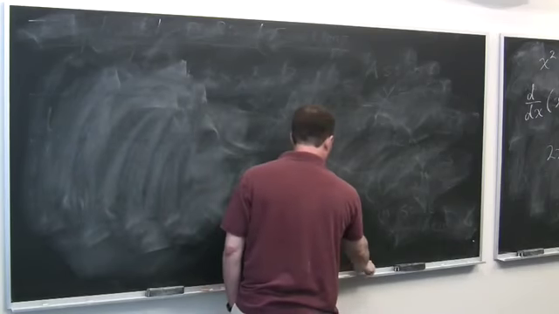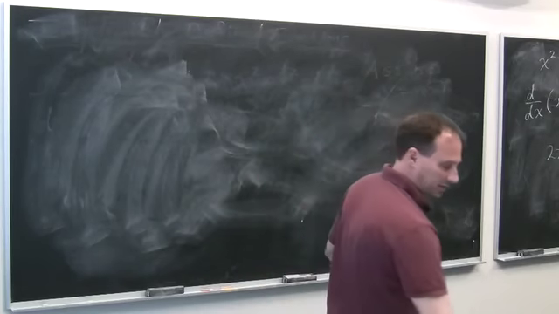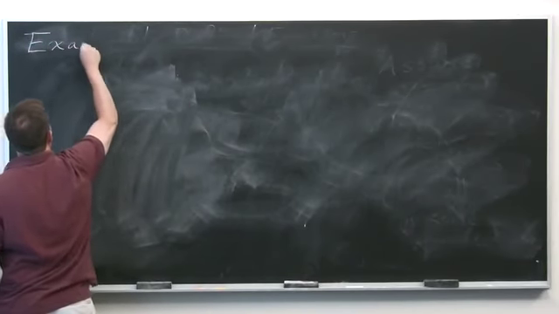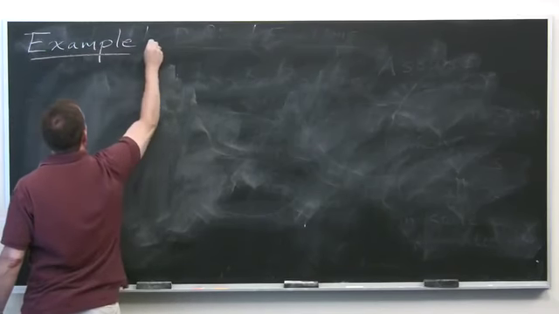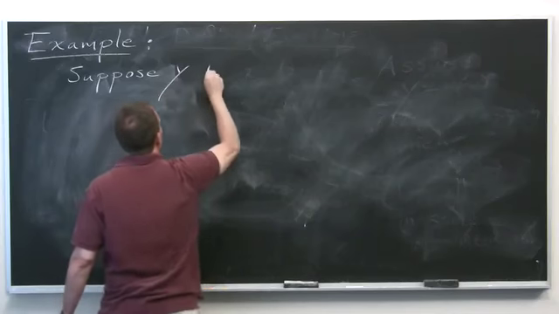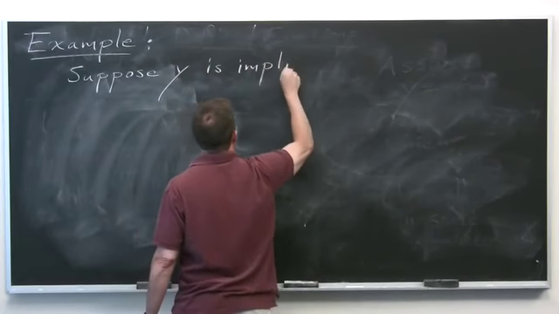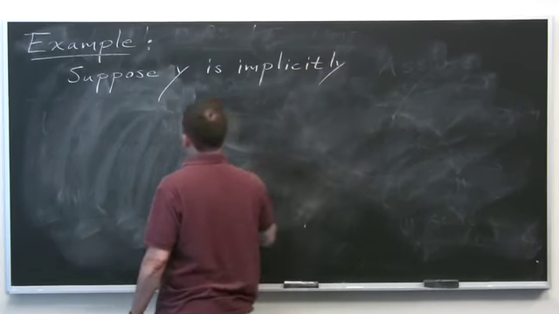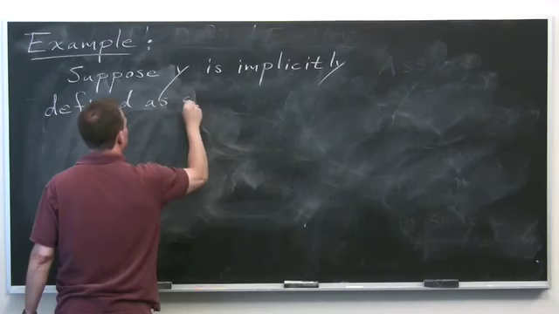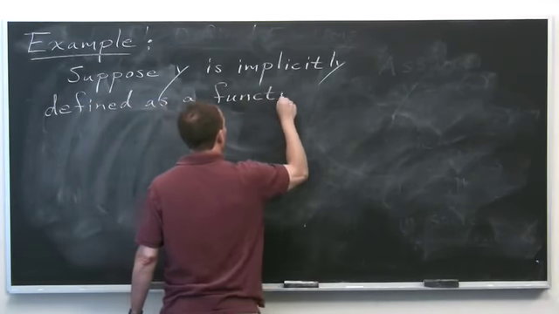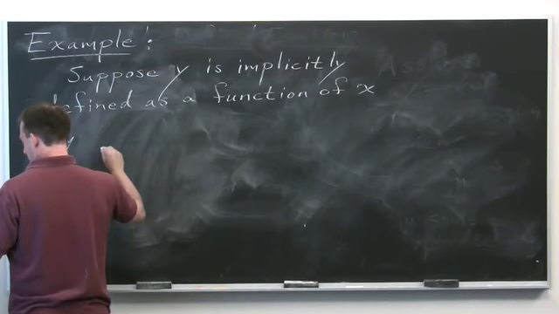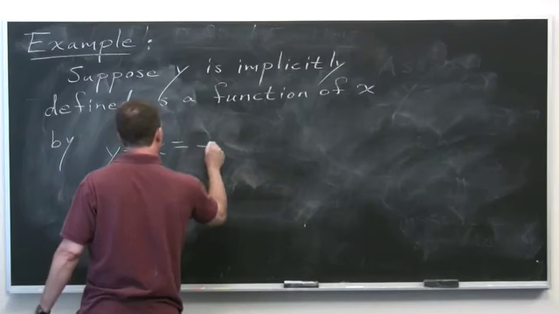A typical problem, typical instructions might be, so another example. Suppose y is implicitly defined as a function of x by y minus x equals e to the xy.